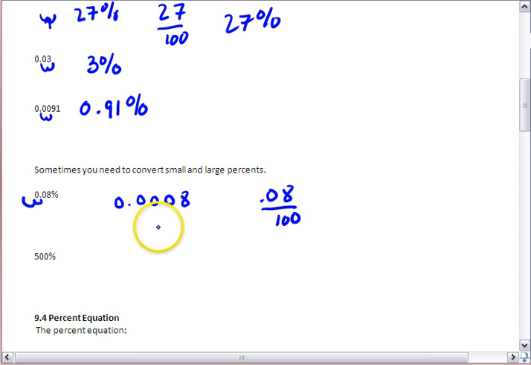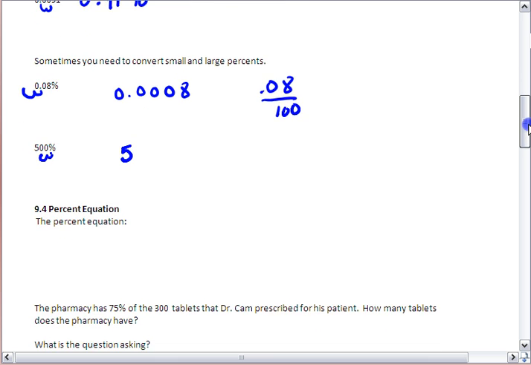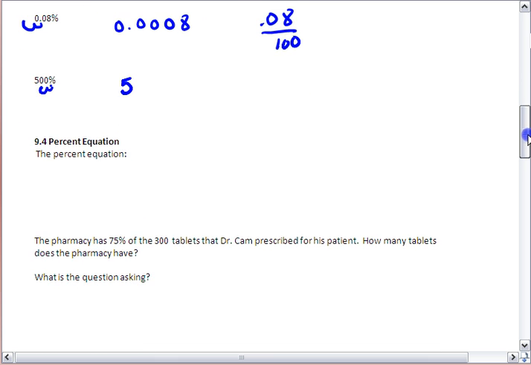So I had to add 2 more zeros. Now this is kind of the opposite. It's a bigger one. Here's my decimal point. If I go 2 places to the left, I get 5, which is 500%. And actually when you think about that, that's like 500 over 100. Well, 500 over 100 is 5.